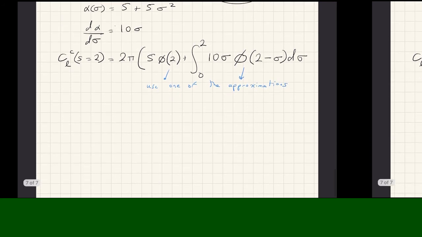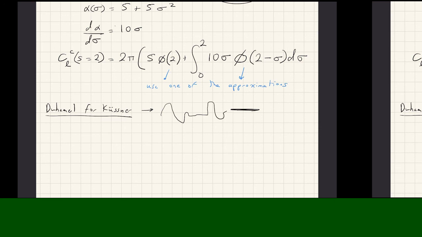Now, for Kussner, a dual integral for Kussner means that you have some arbitrary gust that the wing is encountering. So if you have some arbitrary gust and you want to evaluate the coefficient of lift, you do a dual integral on Kussner.